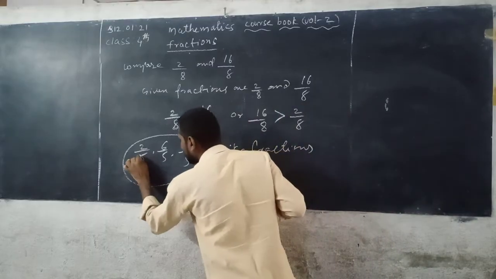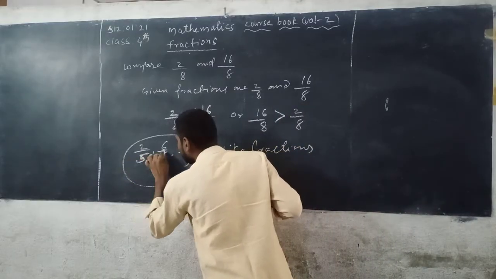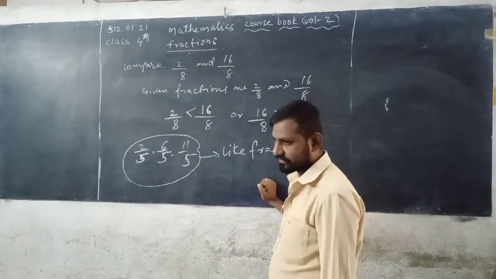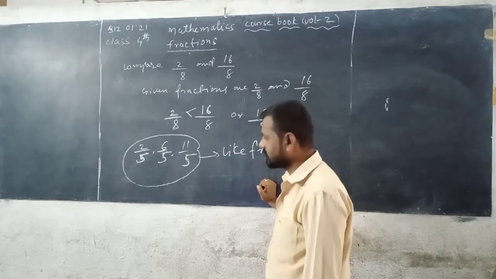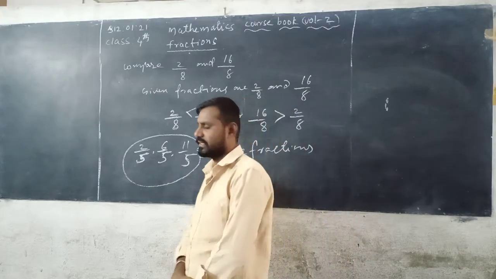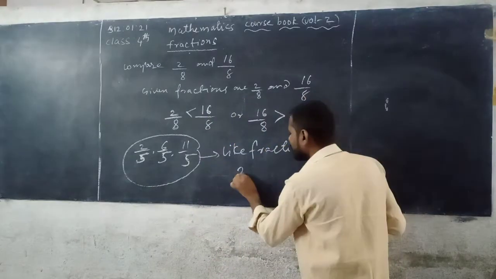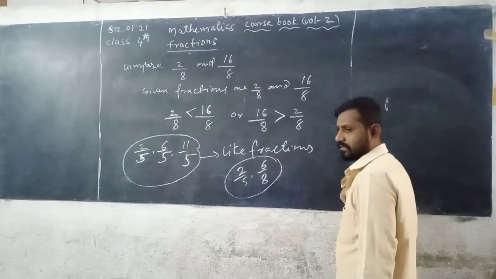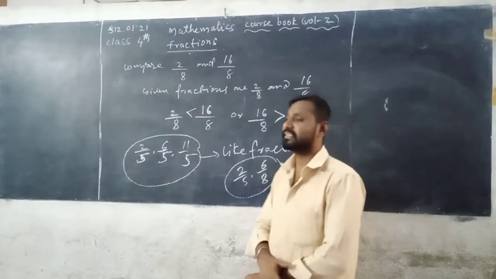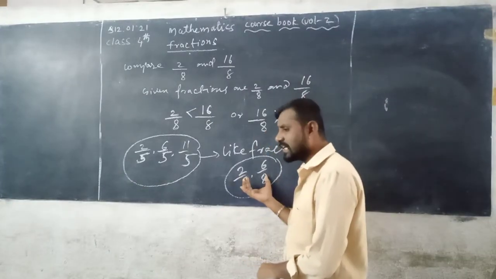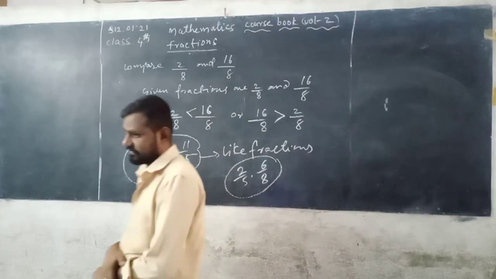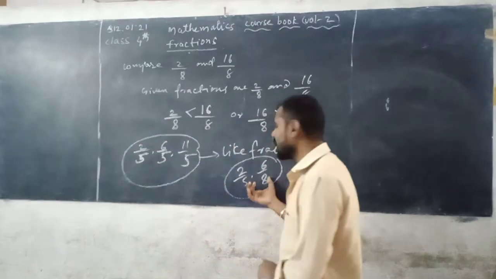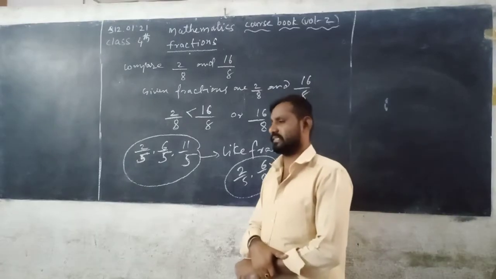Given fractions, the denominators have the same number. So they are called like fractions. Now here I am taking 2 by 5, 6 by 8. Unlike fractions: in the given two fractions, the denominators are different. So they are called unlike fractions.